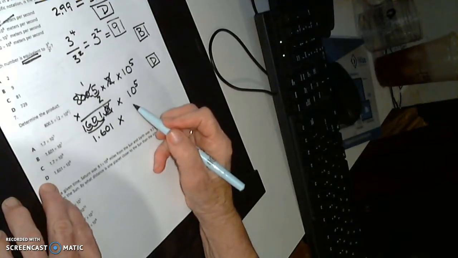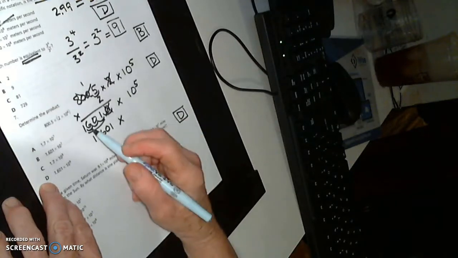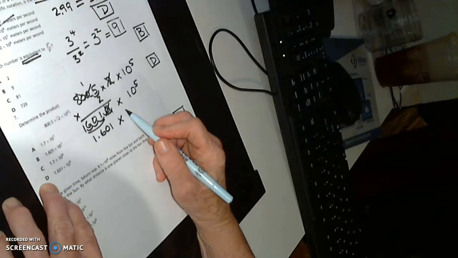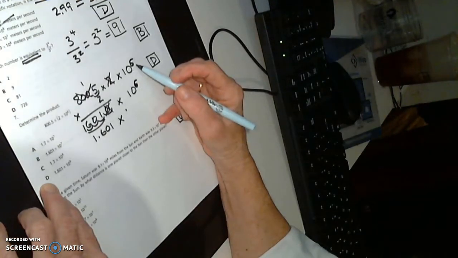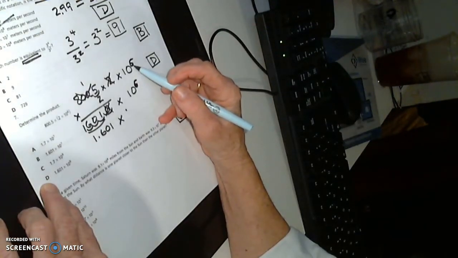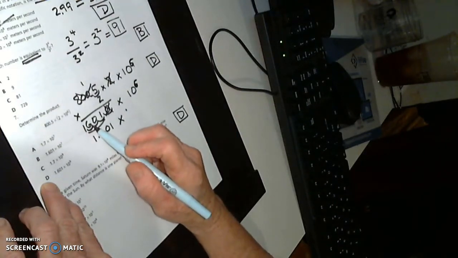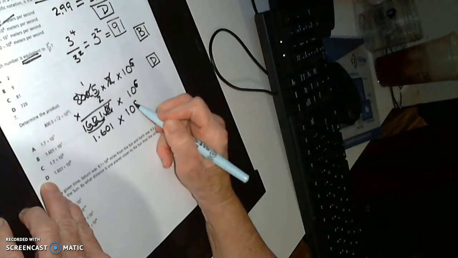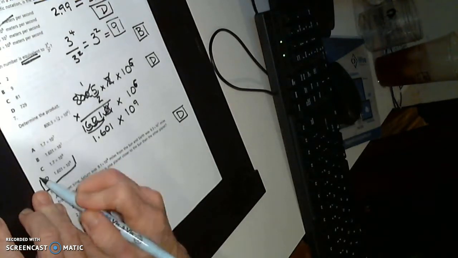So my correct answer is going to be adding 3 spots to my 10 to the, apologies, that is not 10 to the 5th, that's 10 to the 6th. So same problem, only in this case I'm adding 1, 2, 3 spaces to 6, and my final answer is 10 to the 9th power, or letter choice D.